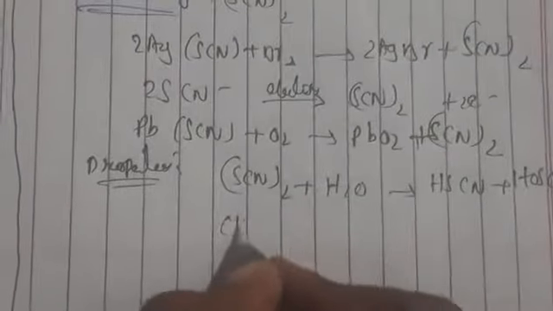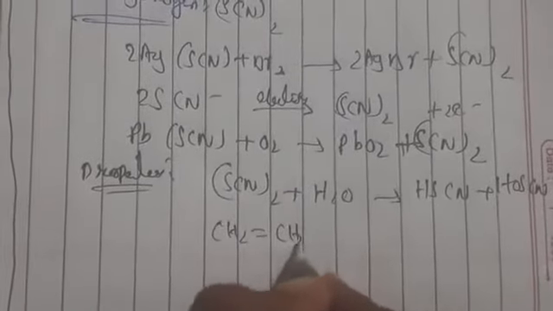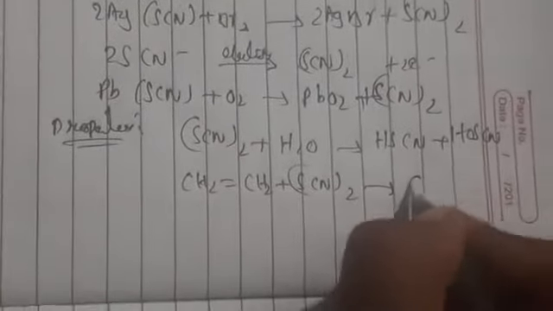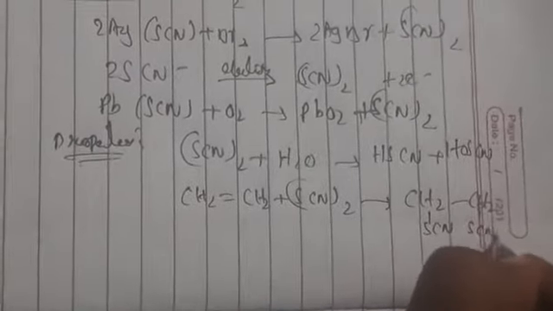And when you treat an alkene with (SCN)2, it is giving CH2SCN, olefins, CH2SCN. It is used for determination of unsaturated organic compounds, mainly.